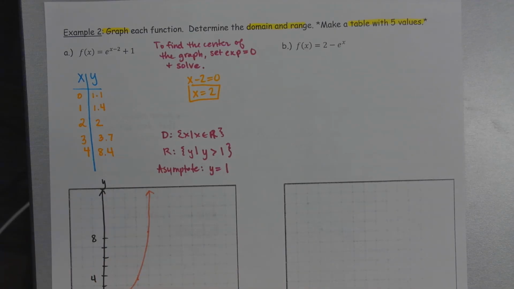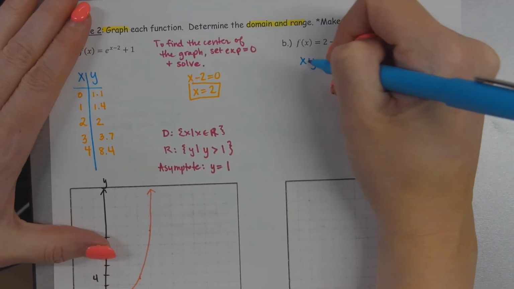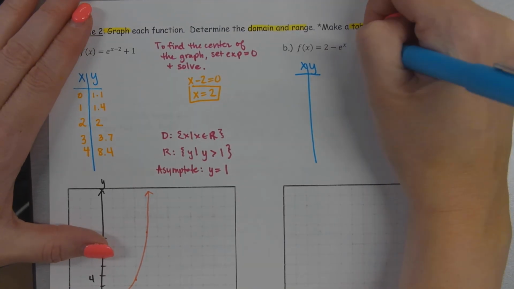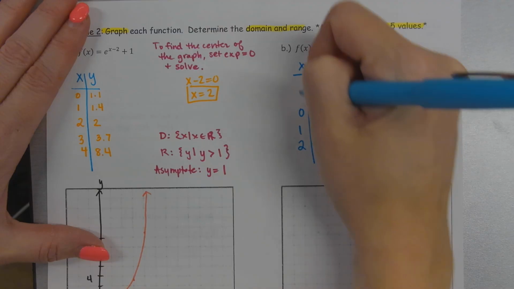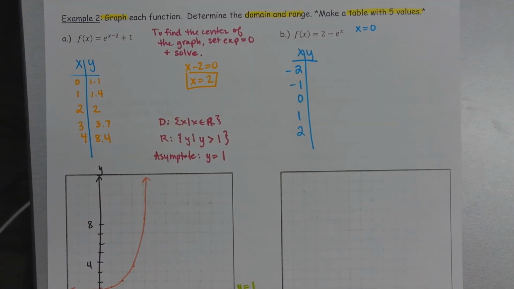Okay, so what should go in the center of your table for this? 0. Okay, so if it's just x equals 0, that's going to go in the center. And then let's see what happens on either side.